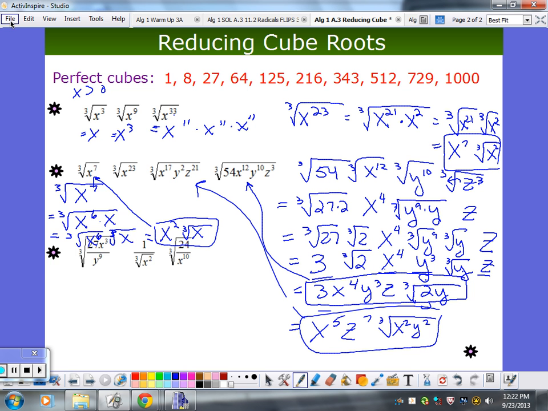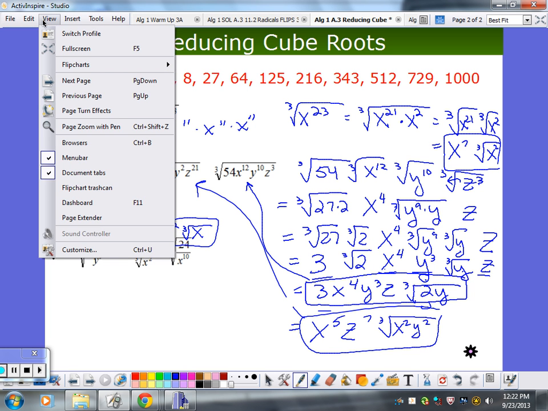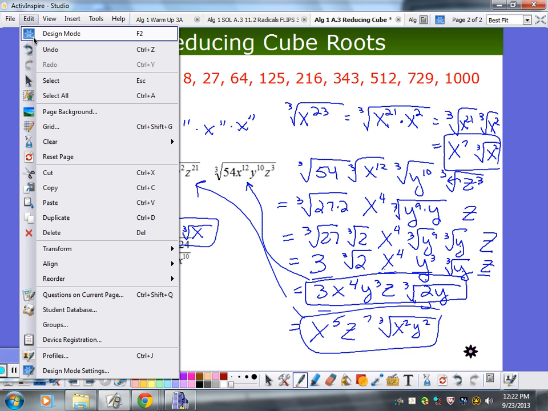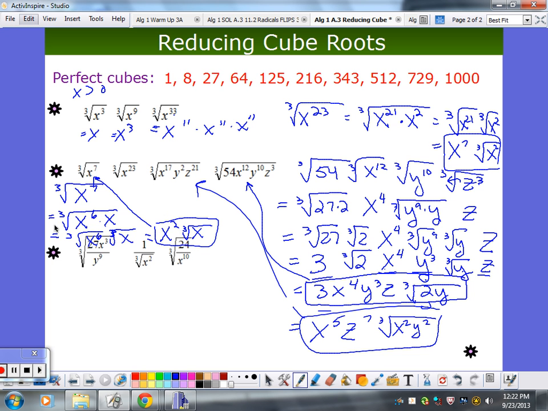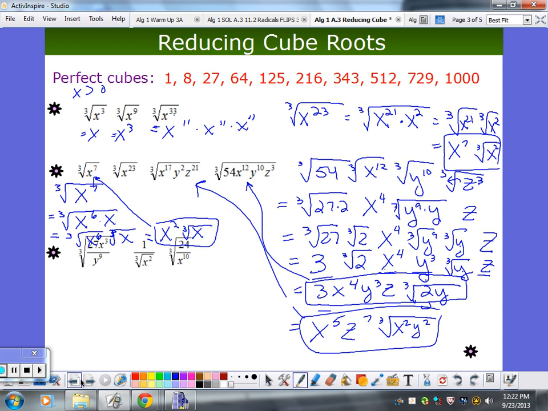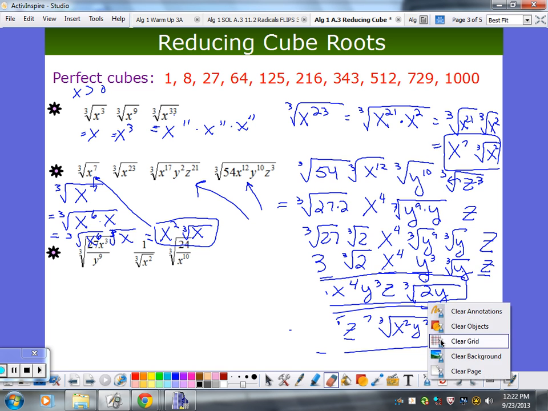Okay, I'm going to have to erase it and I'll show you the rest of it. Let me just get rid of the annotations.